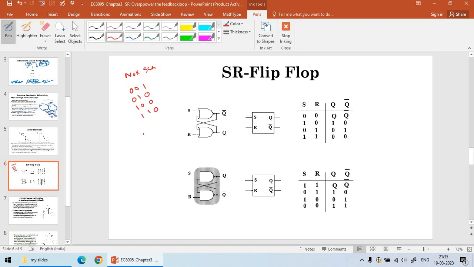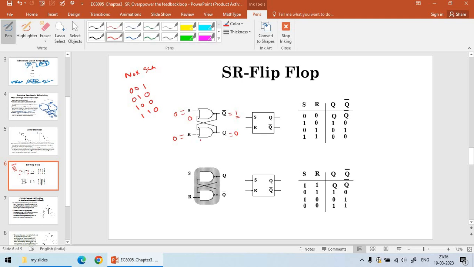If both the inputs are 0 and 0, and previously we considered one output to be 1 and the other to be 0, we assume it could be either case: Q bar can be 0 and Q could be equal to 1. So one input is 0, the other input is also 0, so the first NOR gate is going to produce output 1, which is nothing but Q bar.